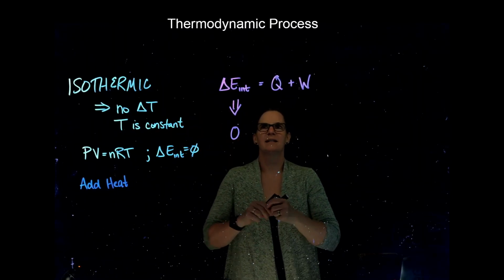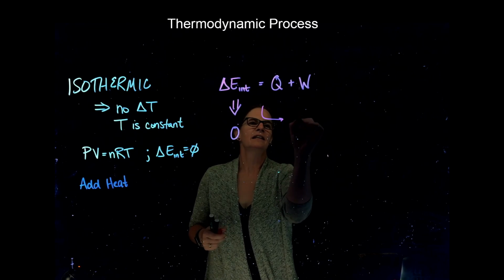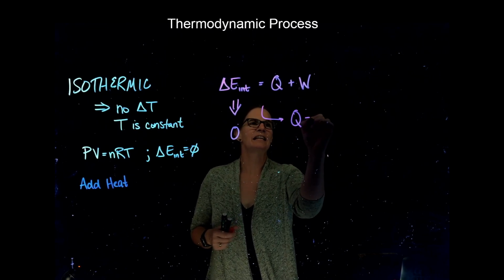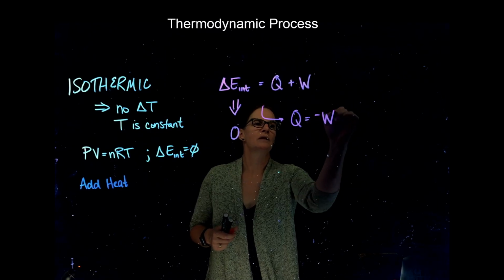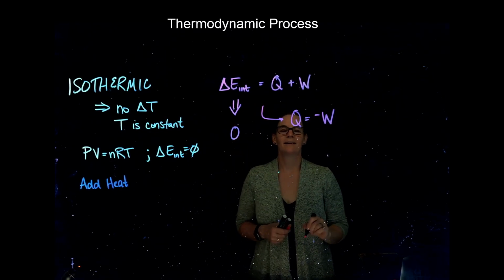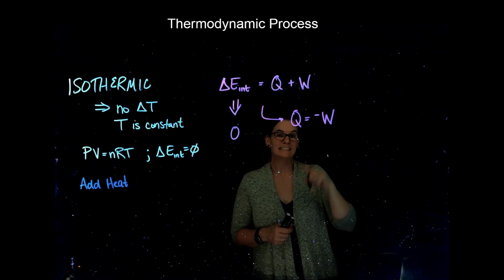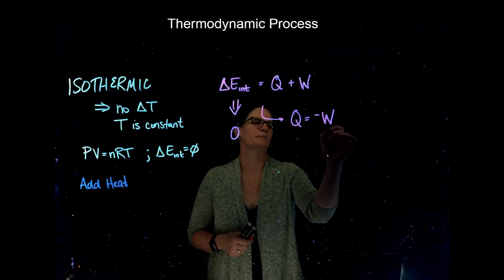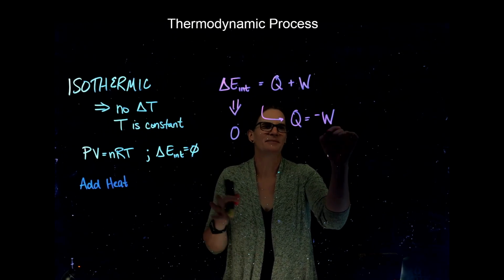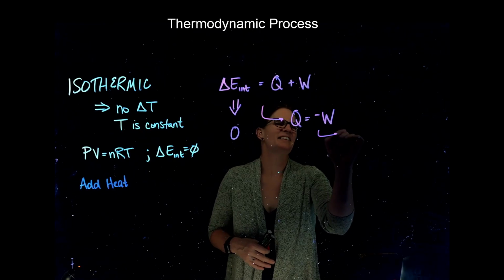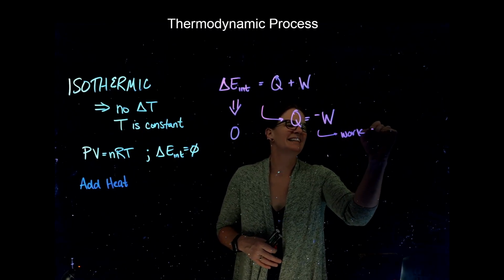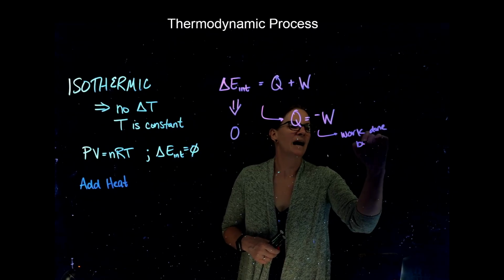Well, that tells us that the heat is equal to the work, and is it done by or done on? Done by the system. Sorry, the negative. So this is the work done by the system.